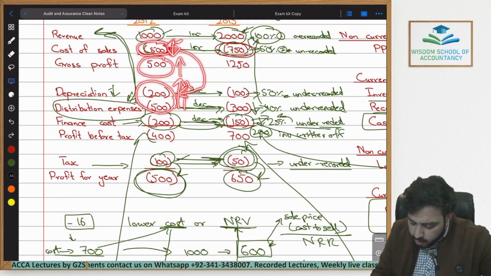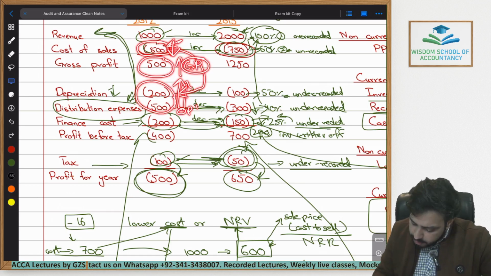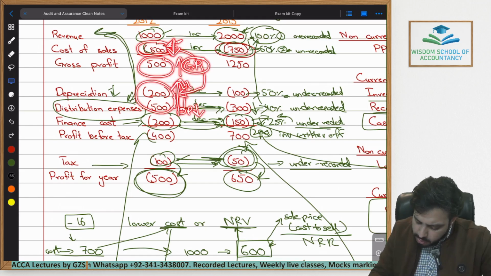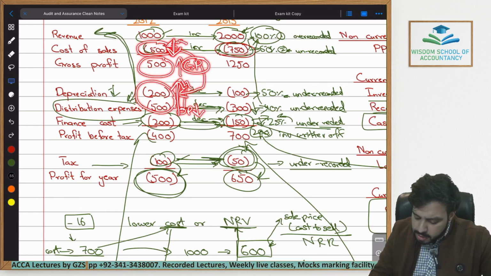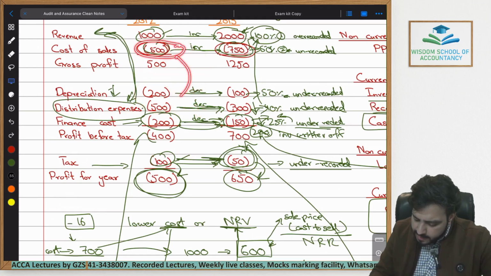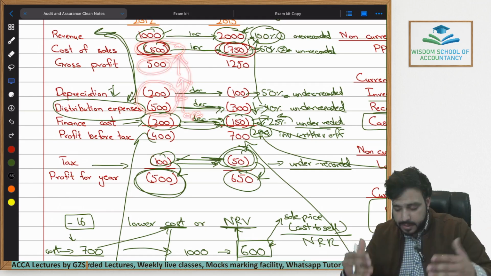Which is why the gross profit would increase during the year, and the operating profit would decrease during the year. So if these expenses are increasing, whereas cost of sales is decreasing, this always gives us a picture that management may have incorrectly recorded these expenses here, because of which the operating profit decreased and the gross profit margin increased for the company.